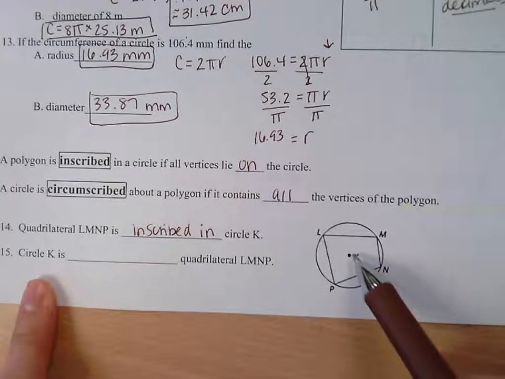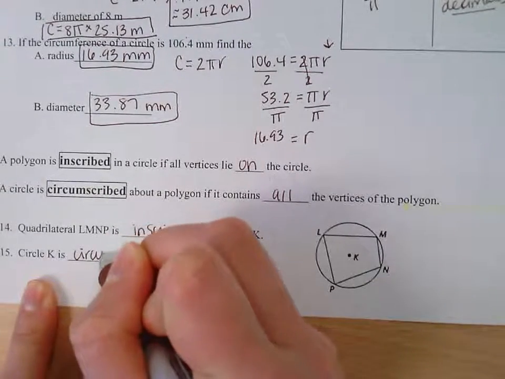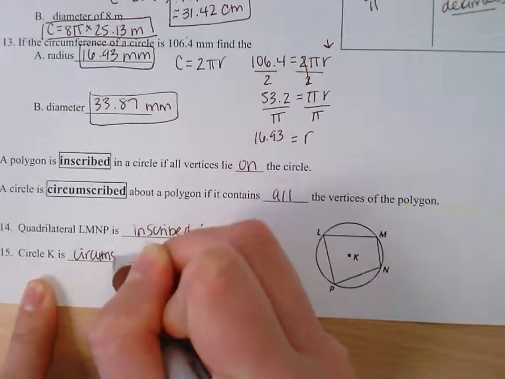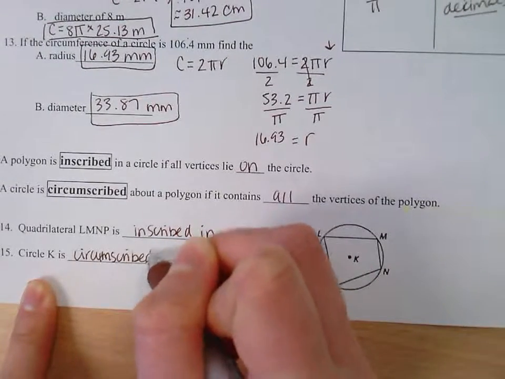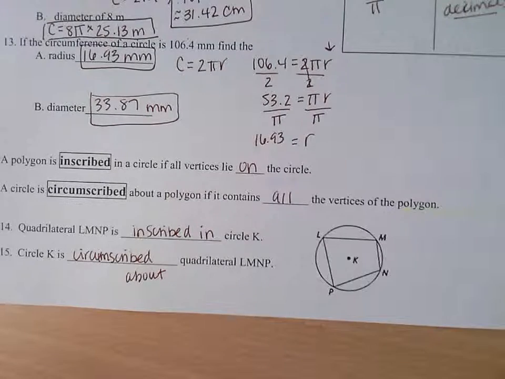And then we would describe circle K as being circumscribed about the quadrilateral LMNP. So if you see those terms, something being inscribed within a circle or a circle being circumscribed about a polygon, you understand visually what that means. All of the vertices of the polygon are on the circle.